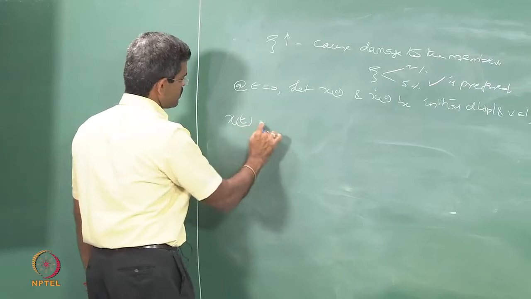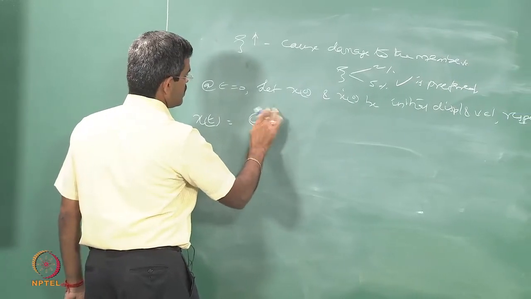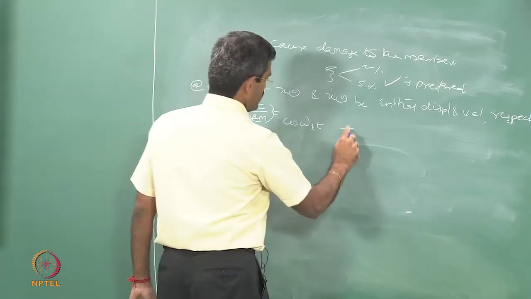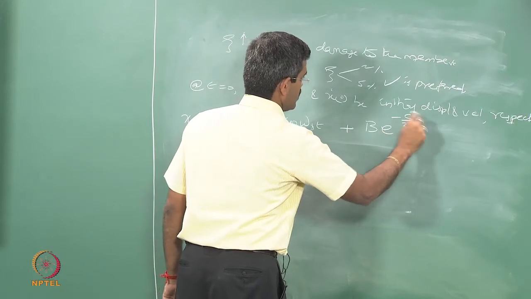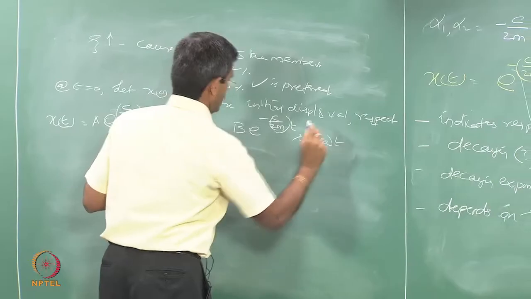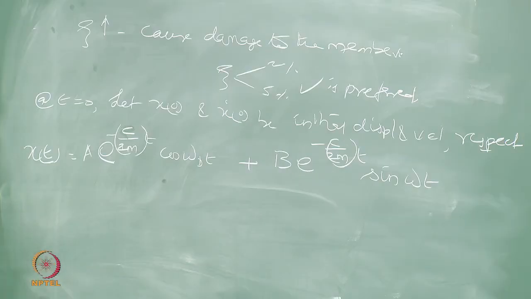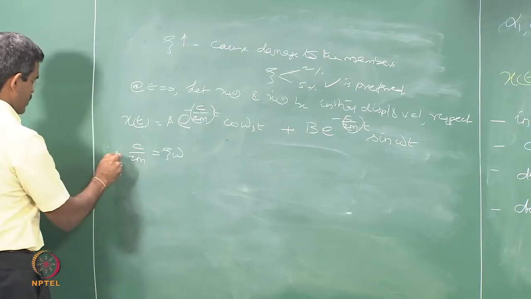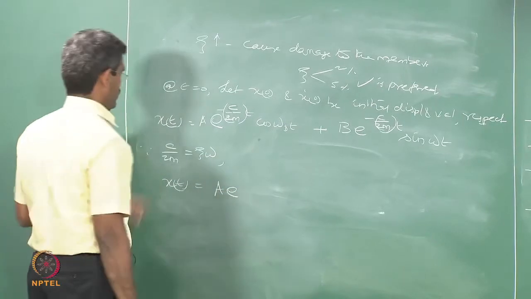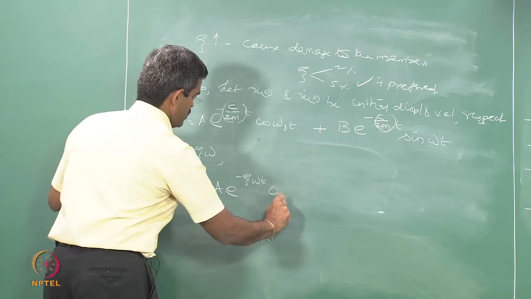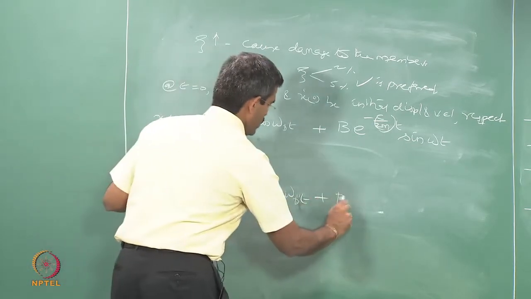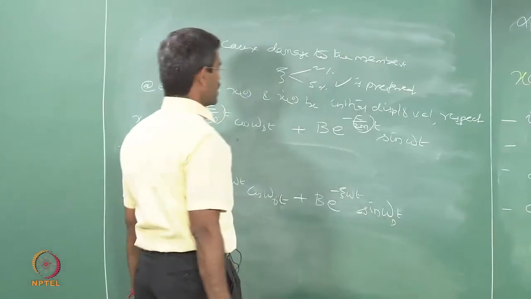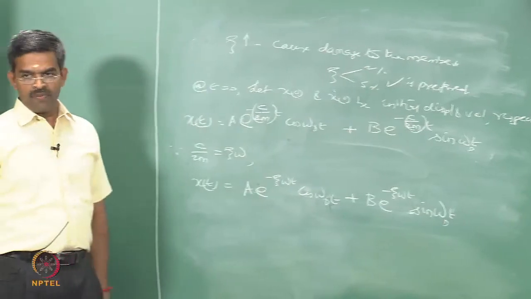So, x of t. Please make a correction here, this is omega d, the damped frequency.